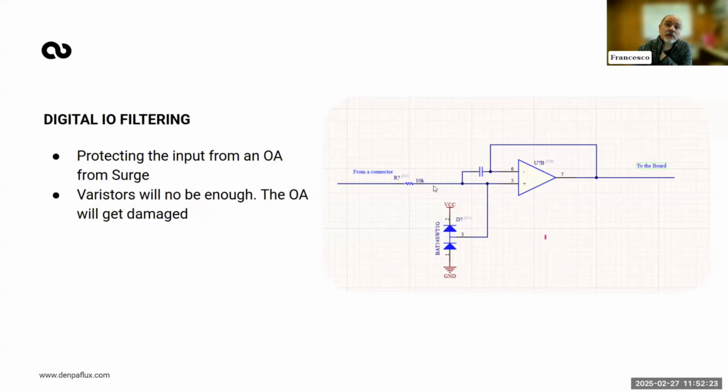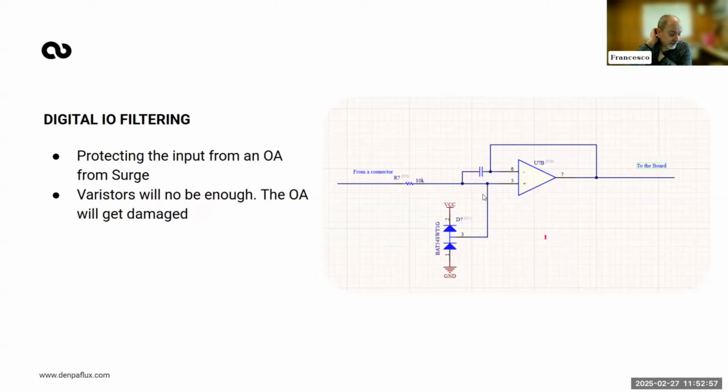So to solve this, usually I add a resistance to limit the current, together with, for example, some diode. The idea is that I don't want the voltage on the positive pin to go too high. I want the voltage on the positive pin to be as small as possible, because without this, the operational amplifier will not survive, for example, a switch.